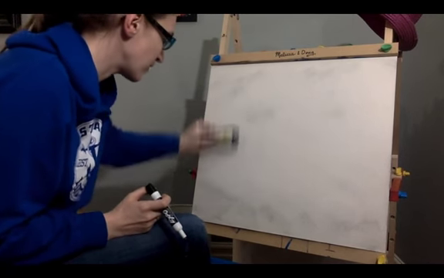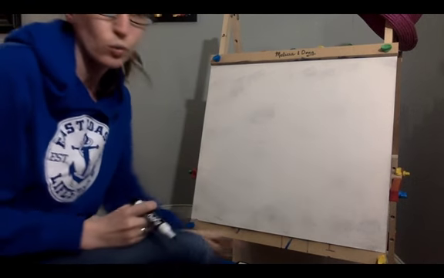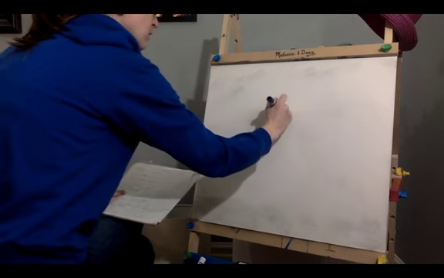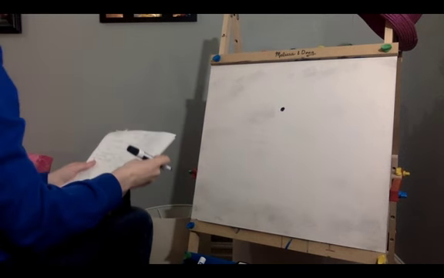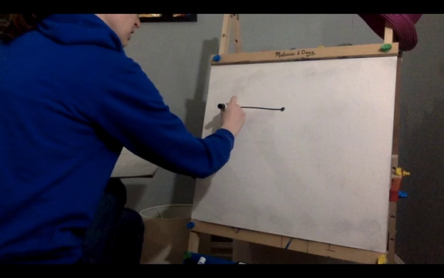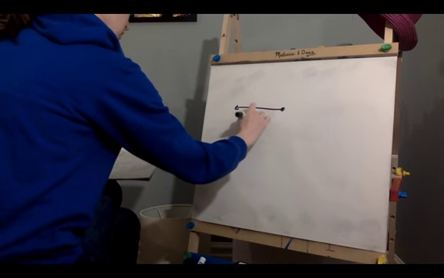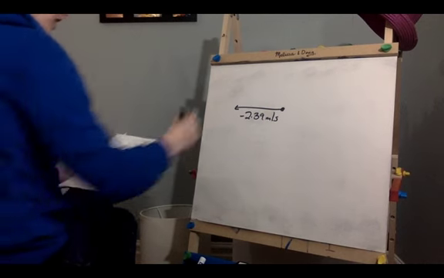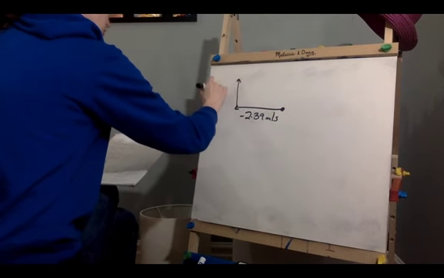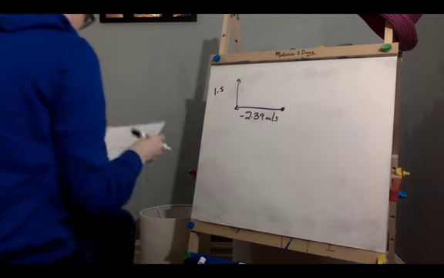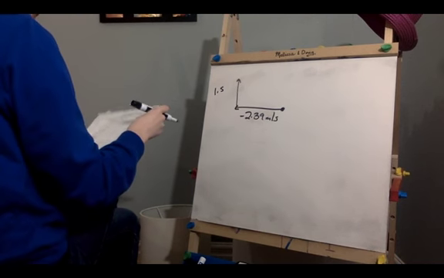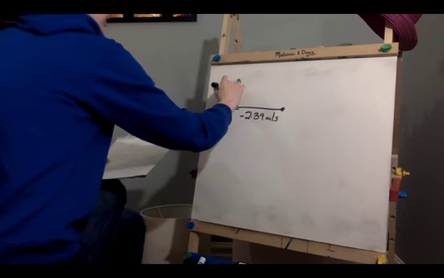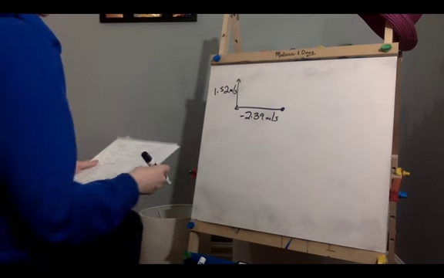All right, so at that point, we know that our lovely little golf ball, when it went off, it went in the x negative 2.39 meters per second, or 2.39 meters per second off to the left, and we know that it also went 1.52 meters per second up, because that value ended up being positive.